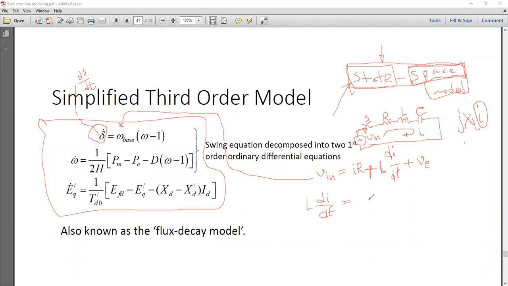So if this is the case, then we have minus IR minus VC plus V in, right? And then we simply take this L and we bring it as the denominator for all these three. So that's it.